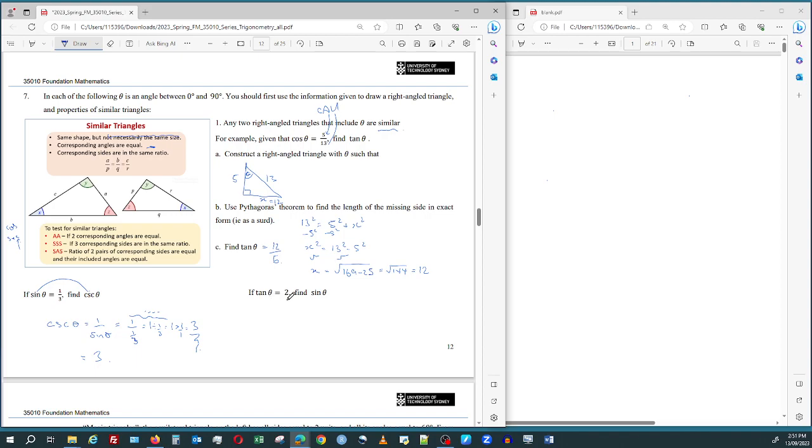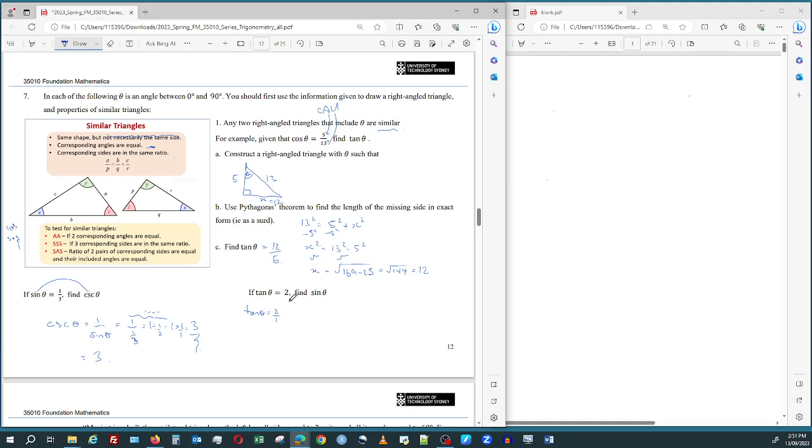Now, if tan theta equals 2, now what's in your mind's eye? How would we normally write? We wouldn't write 2, but in this case we are going to write it as tan theta is equal to 2 over 1. We're going to introduce that one because it suits us.